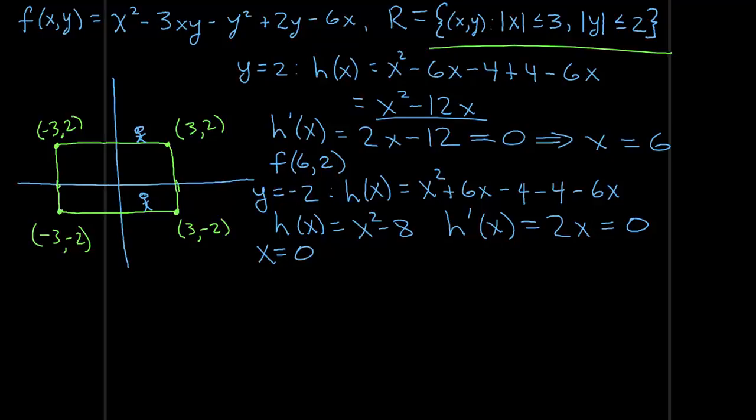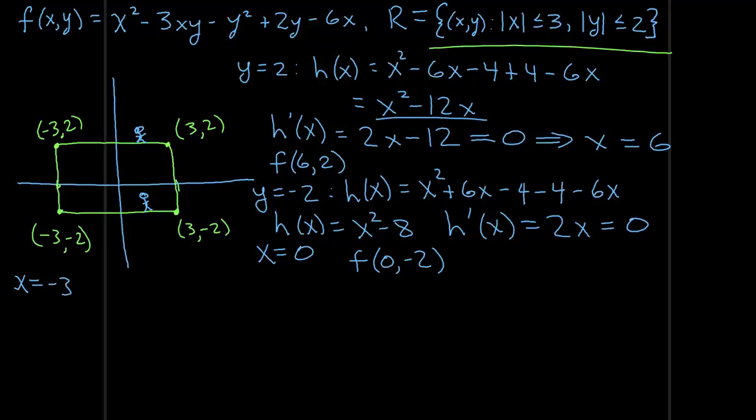And now I can plug that in, and what I get then is 0 and negative 2. Okay? So these are things that we're going to consider here in a minute. We're going to plug those in and see which ones are bigger. Now we can go up and we can say, well, what about when x is equal to negative 2, or negative 3, I'm sorry.